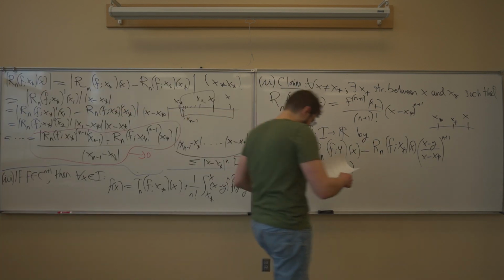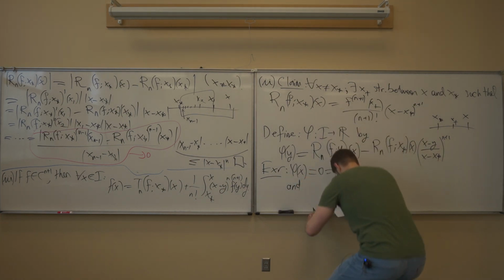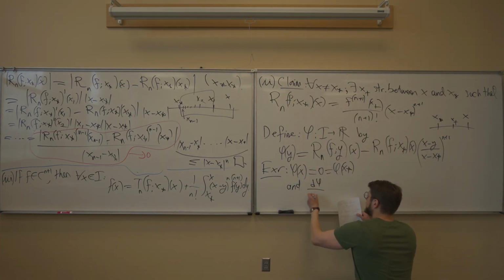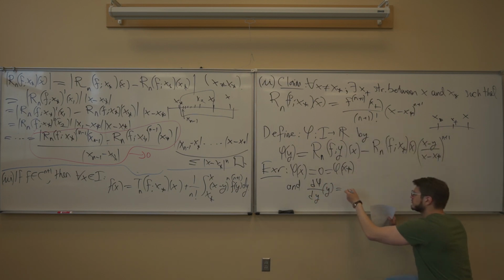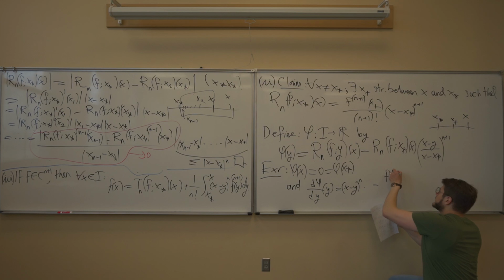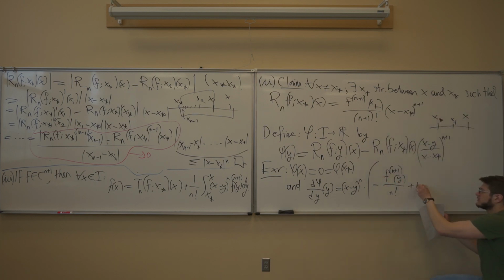And d phi by dy at y is equal to x minus y raised to the power n times minus the n plus first derivative of f evaluated at y divided by n factorial plus n plus 1 times the remainder function at x star evaluated at x divided by x minus x star raised to the power n plus 1.